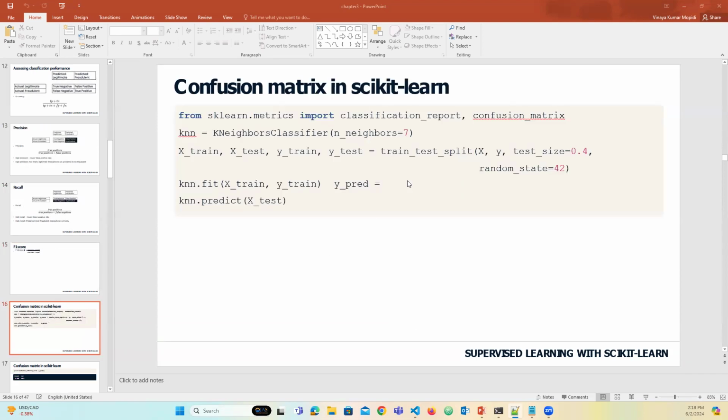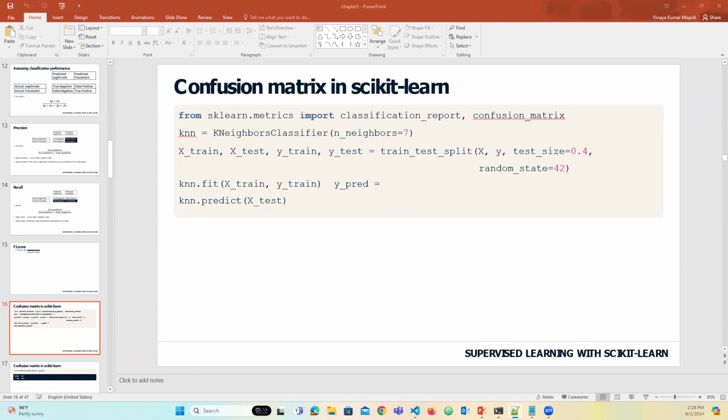Now, the confusion matrix in Scikit-Learn, using our churn data to compute the confusion matrix. Along with the matrix, we import the classification_report and confusion_matrix from sklearn.metrics.